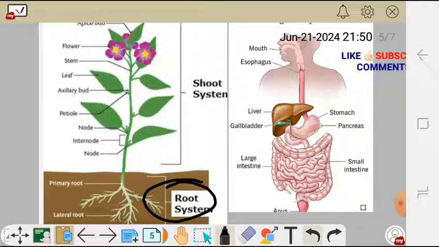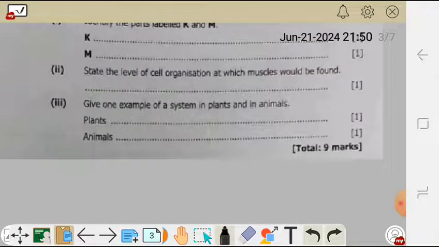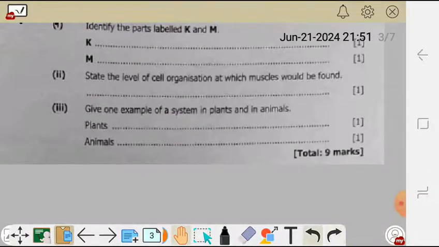Then we have the part which is below the ground, which is called the root system. So those are the systems in plants. So you choose one and you put it there. So we have the root system and the shoot system. And then in animals, we have the respiratory system, digestive system, nervous system, and the circulatory system.